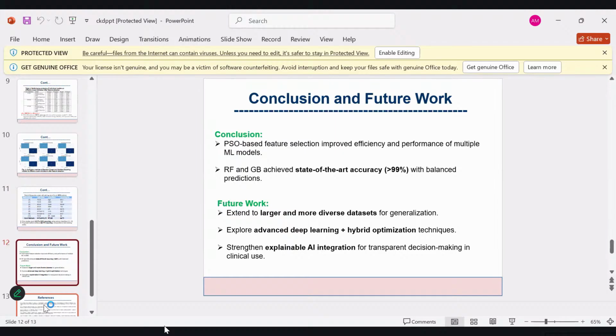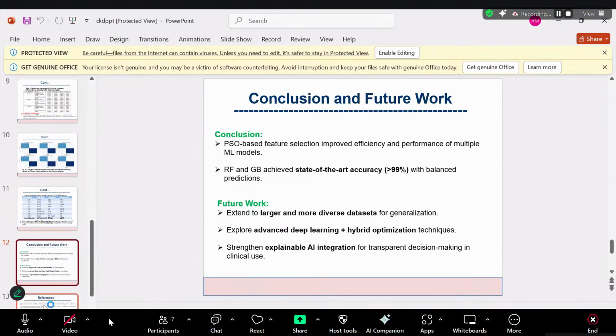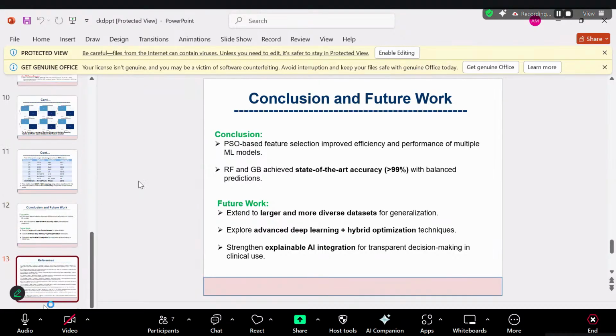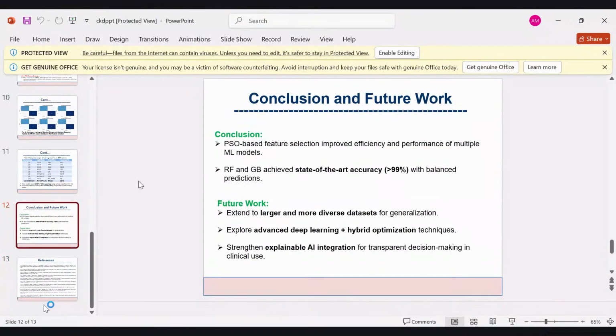Particle swarm optimization based feature selection improved the efficiency and performance of multiple ML models, reaching about 99%. And that's it. Thank you.